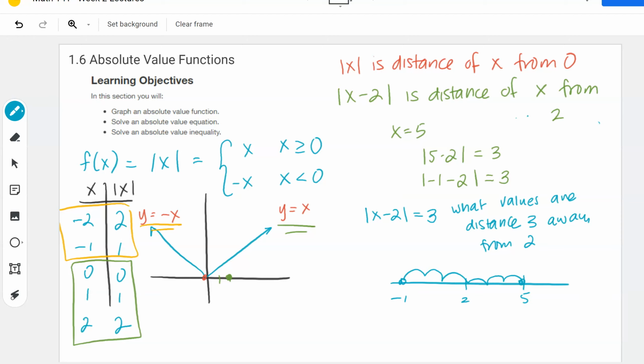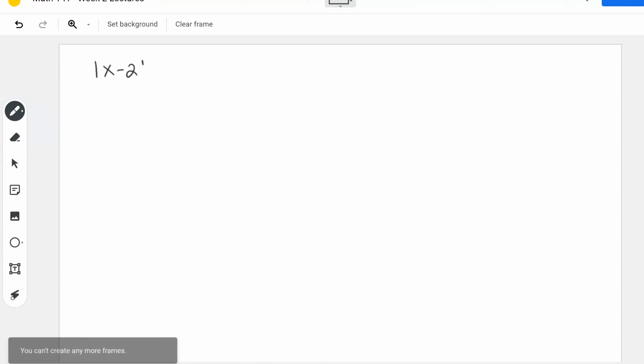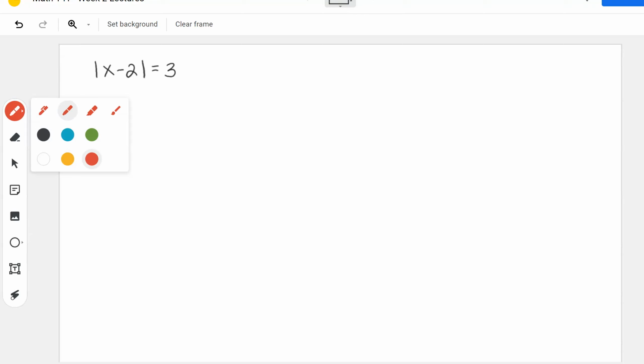Now, typically, we've learned absolute value equations in a more algorithmic way. So let's look at how we would do the algorithm for this in, say, an algebra class. If we had the absolute value of x minus 2 is equal to 3, typically in an algebra class, we'd say, well, the absolute value has two different pieces to it, right? It's that piecewise function behind the scenes.